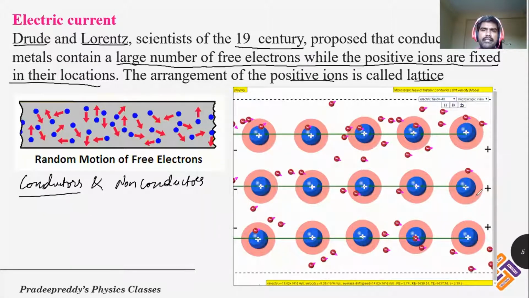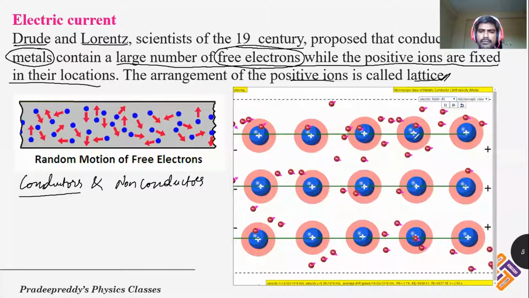Finally, they proposed a theory of conductivity, and they proposed that conductors like metals contain a large number of free electrons, while positive ions are fixed to their locations. These positive ions fixed to their positions are called a lattice.